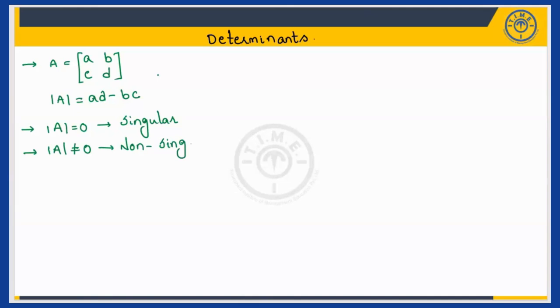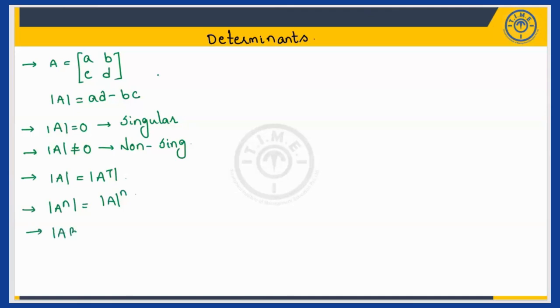And again, det A is always equal to det A transpose. And det A to the power n is equal to det A whole to the power n.